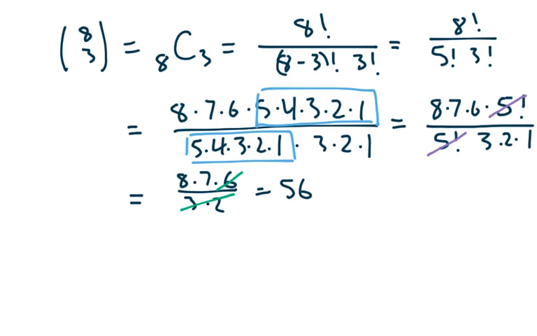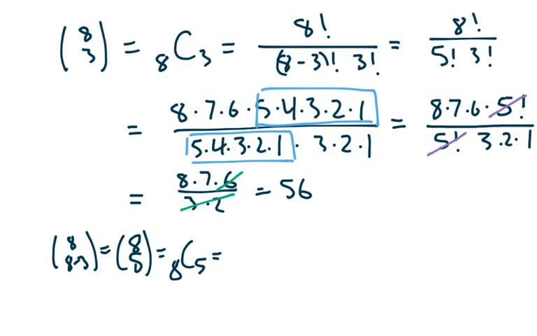For example, we did 8 choose 3 earlier. What this rule says is that if we do 8 choose 8 minus 3, which is 8 choose 5, you're going to get the same results. So 8 factorial over 8 minus 5 factorial times 5 factorial.